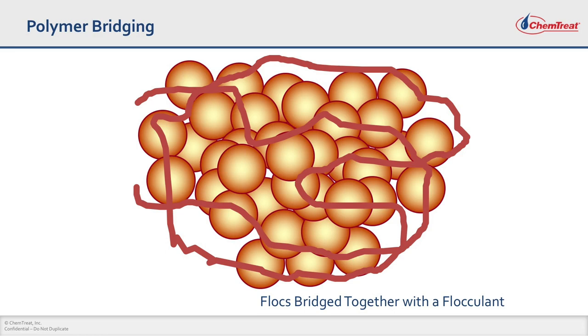It bridges all of these individual larger flocks into one large flock. And the larger the flock, the larger the diameter of the flock, the faster it will settle. So we will use coagulants and flocculants together to bring the particles together and then to grow the flock size so that it can separate in your treatment system.